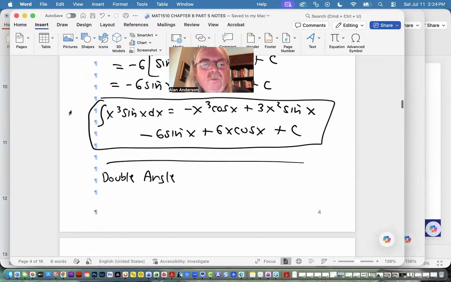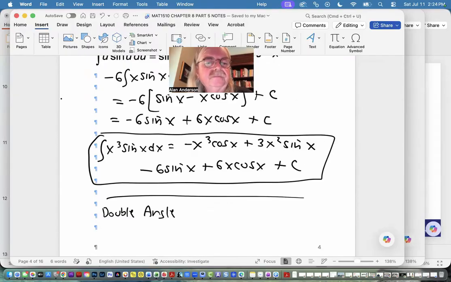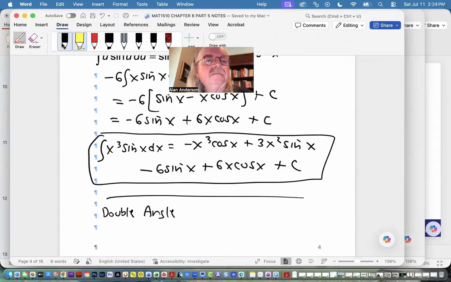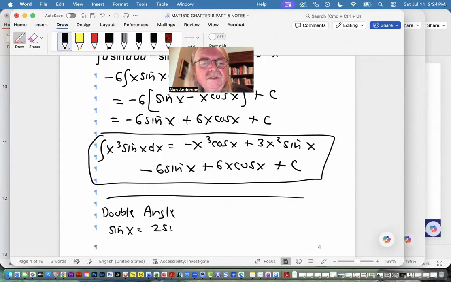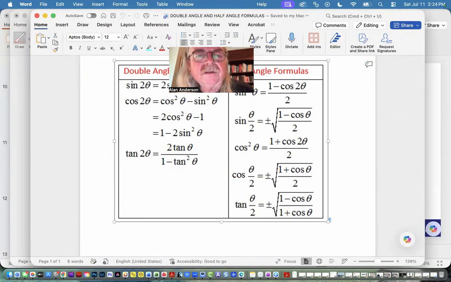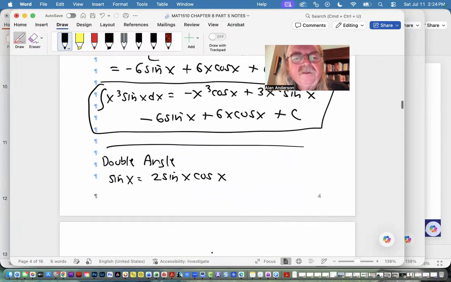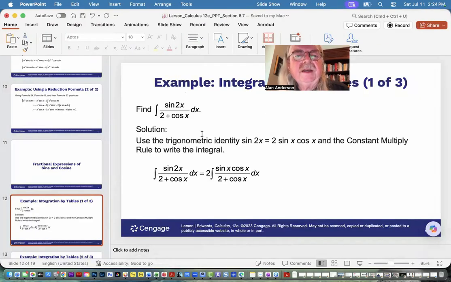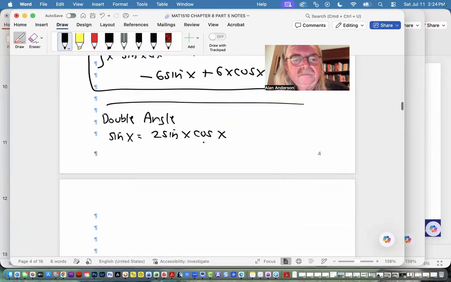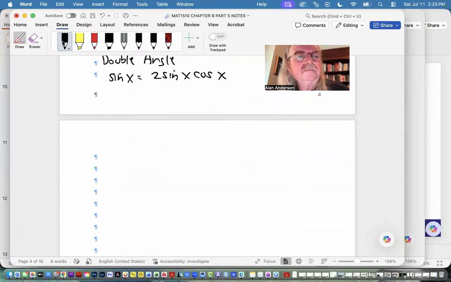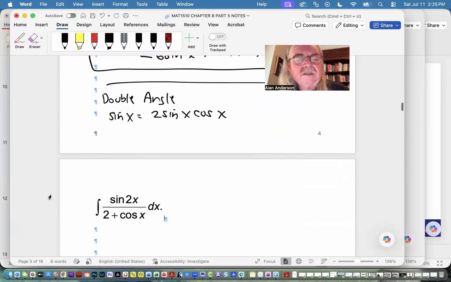All right, so one of them is that the sine of 2x is 2 sine x cosine x. Okay. And of course, there's others if we need them. So for this problem, what do we have? So it looks like they're suggesting that we rewrite this a little.